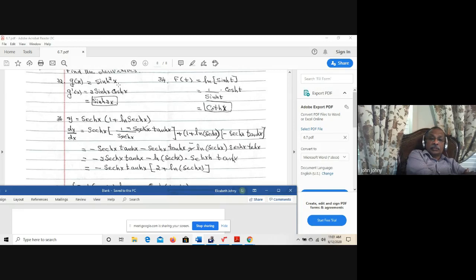36. y is equal to sech x times 1 plus natural log of sech x. So dy over dx is equal to sech x times, you are using the product rule. So sech x times the derivative of the second one.